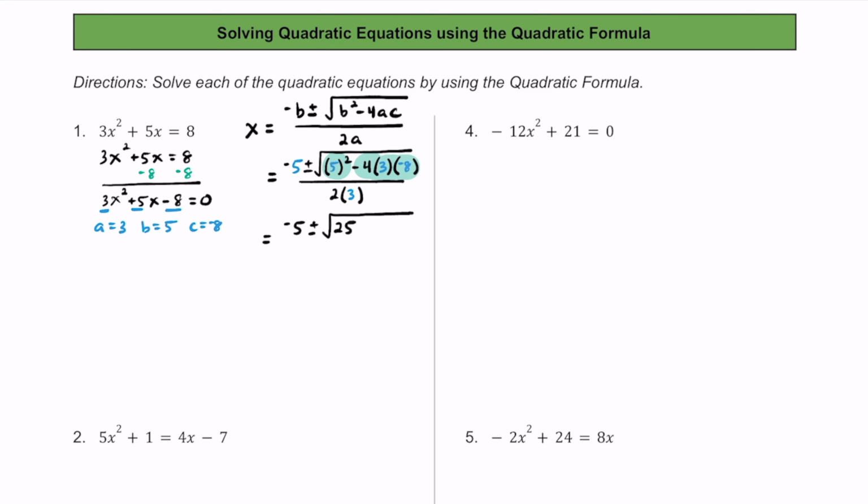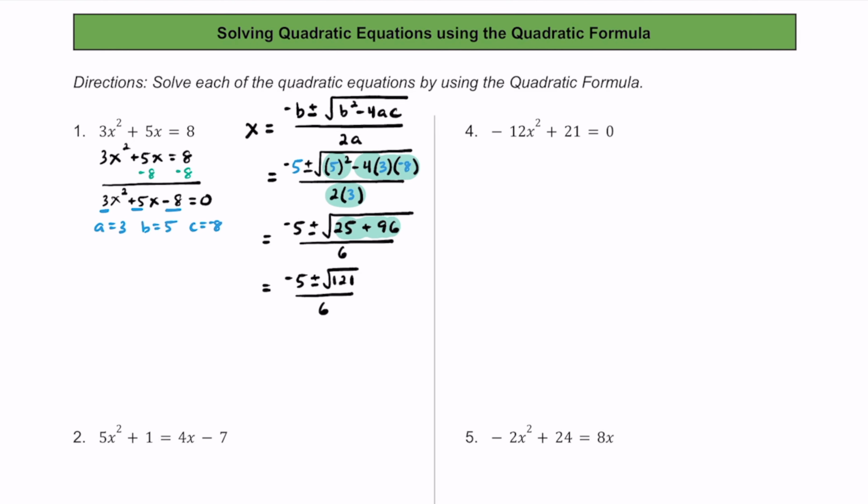Negative 12 times negative 8 is going to be a positive 96, so we're going to have 25 plus 96 inside this radical, and this whole thing is going to be on top of this 2 times 3, which really ends up being 6. Okay, now if we go ahead and just simplify this a bit more, this 25 plus 96 is going to be 121. So we're going to get negative 5 plus or minus the square root of 121. And that's going to be on top of 6.